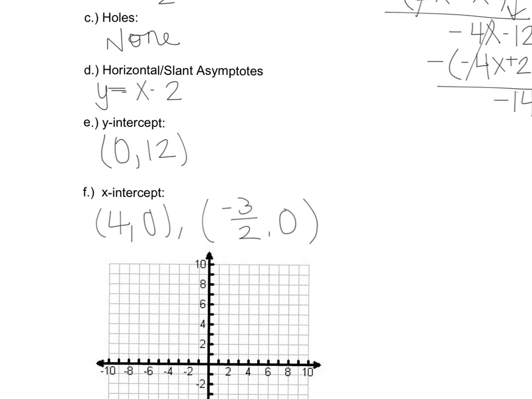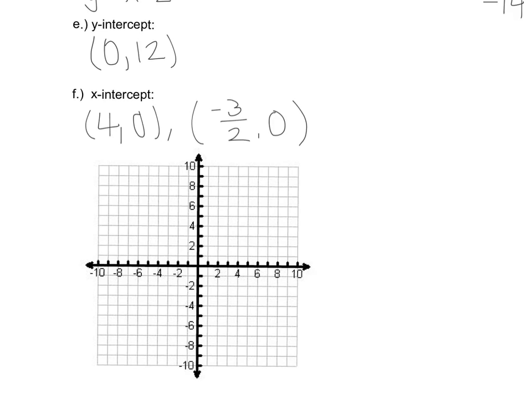So we're going to start with our vertical asymptote going through 1/2, which is going to be a little bit difficult to see since our graph goes up by ones. It's going to be somewhere along here. And then our slant asymptote in this case is the equation y equals x minus 2. So we are going to graph that line.